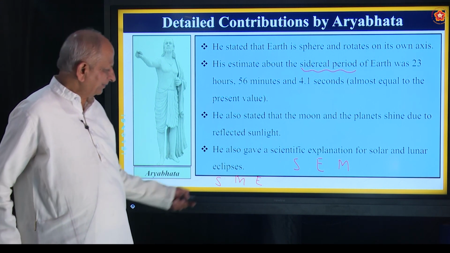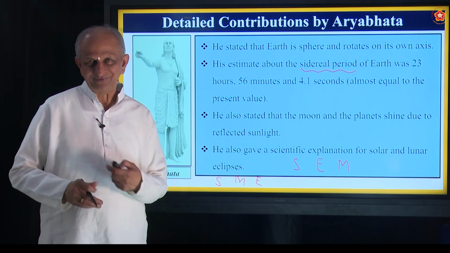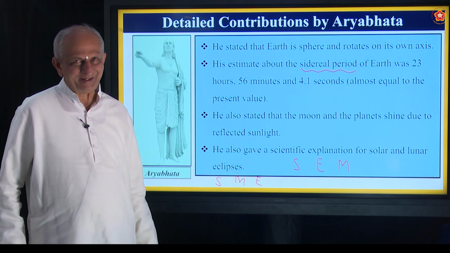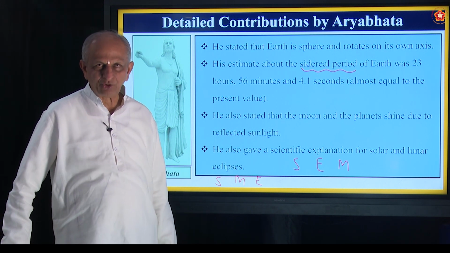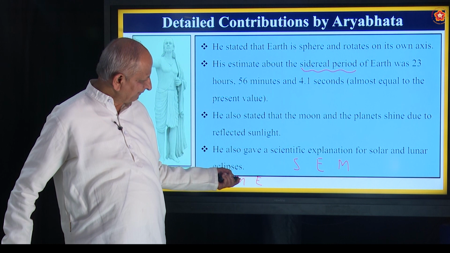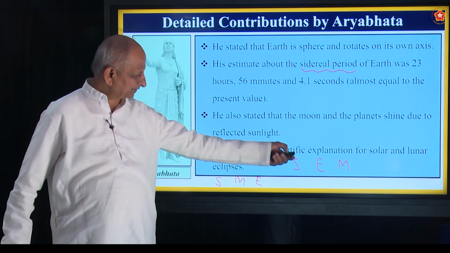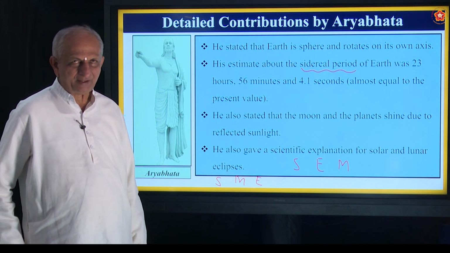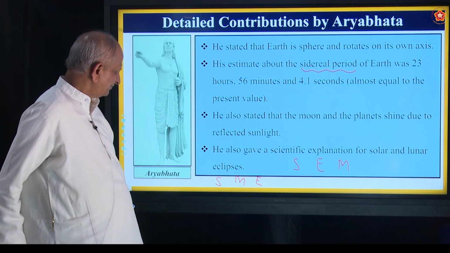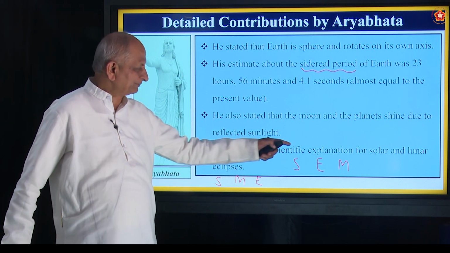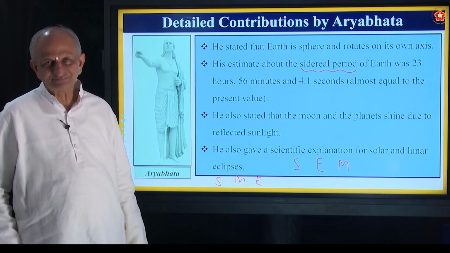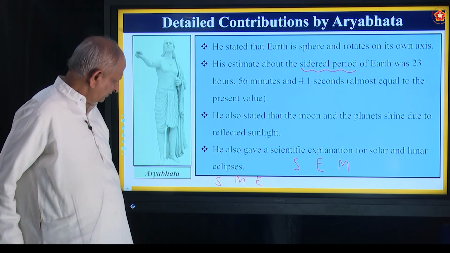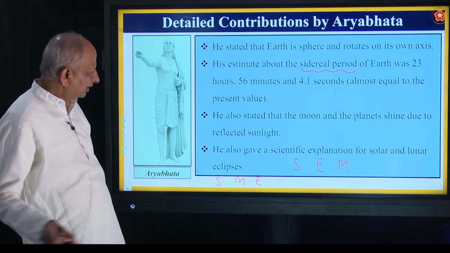So here it is nothing but an interesting game of shadow and light. Light means sun, shadow means the moon coming in between the sun and earth, or earth coming in between sun and moon. So it is a play of hide and seek. This was scientifically explained by Aryabhata. See the genius brain. All this has spread.